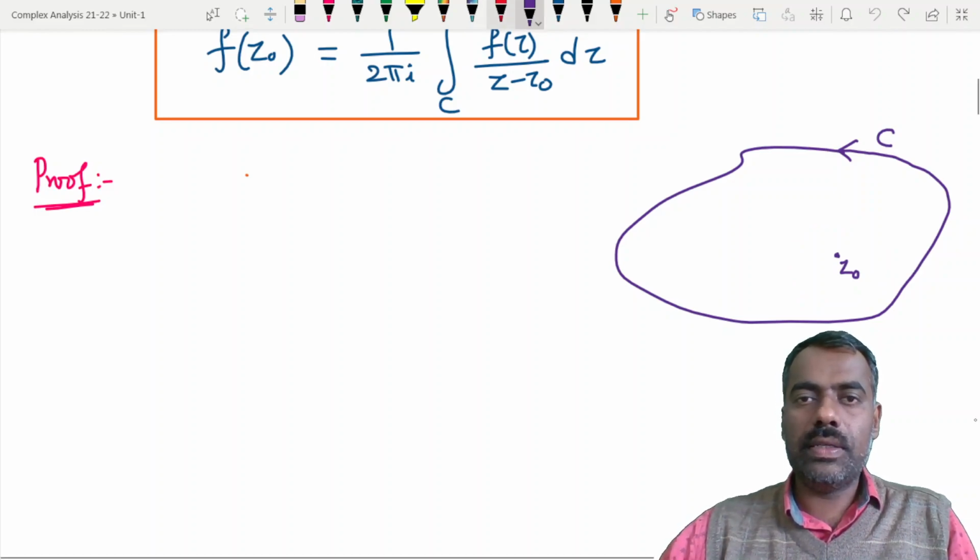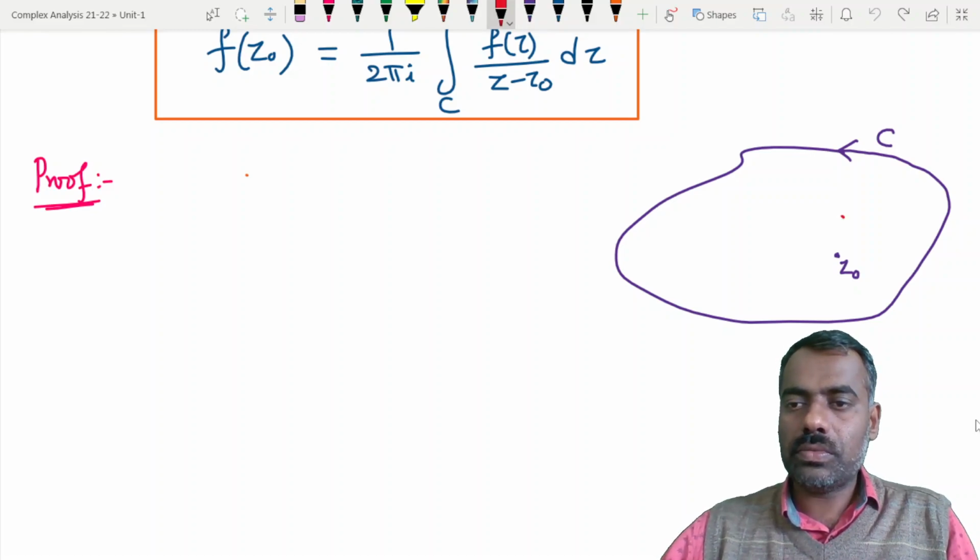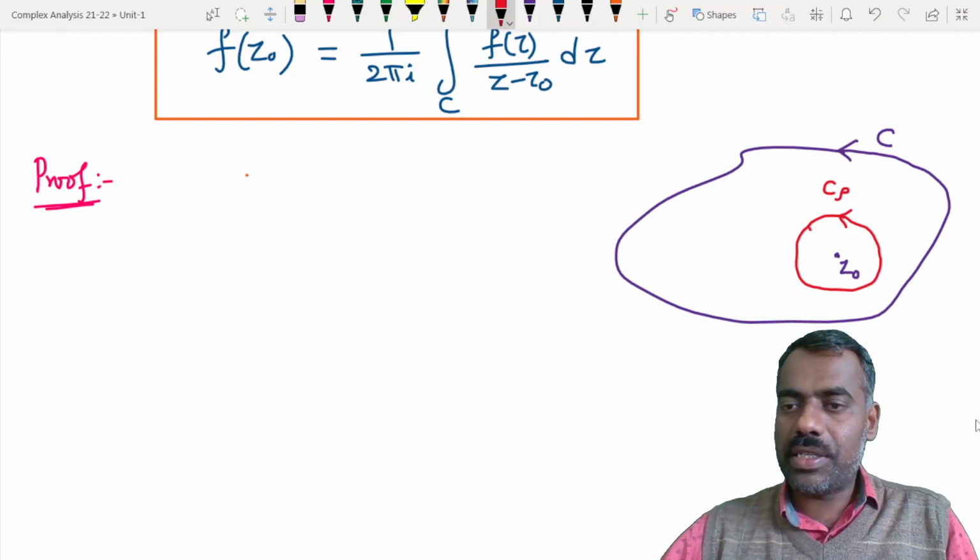We'll consider a new contour with the same orientation. We'll denote this by C rho, where this is the distance rho.